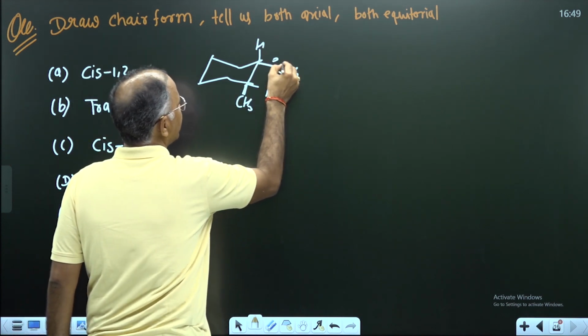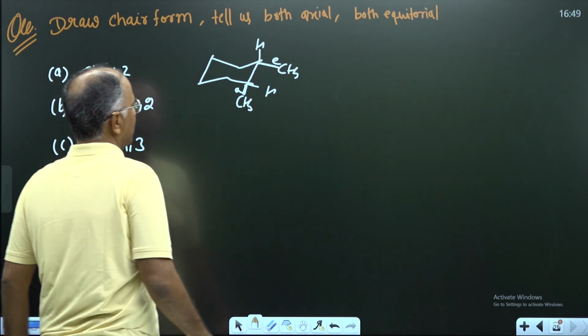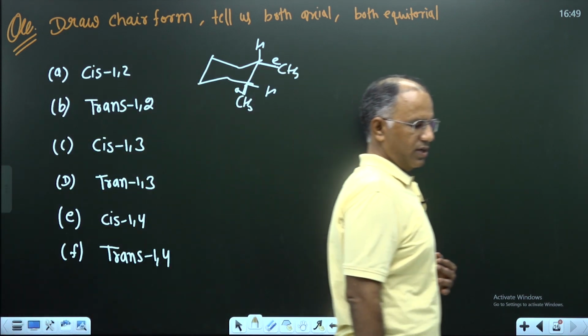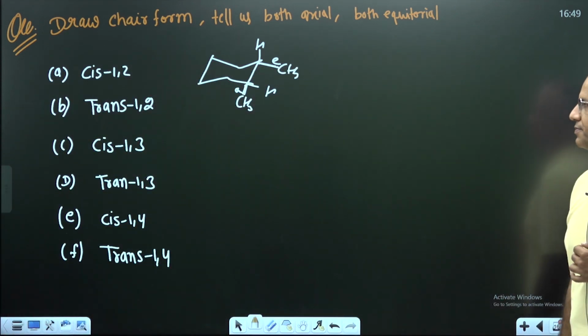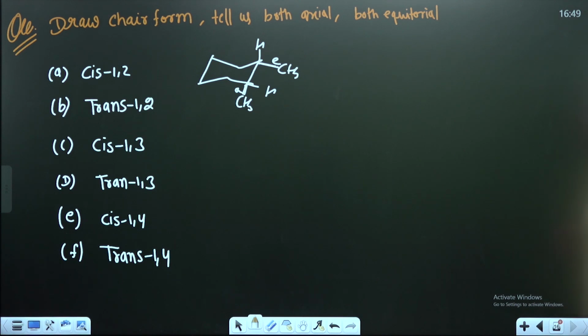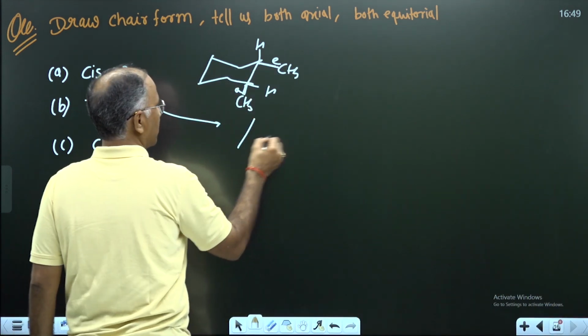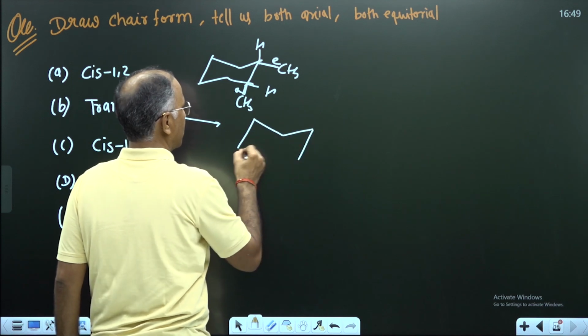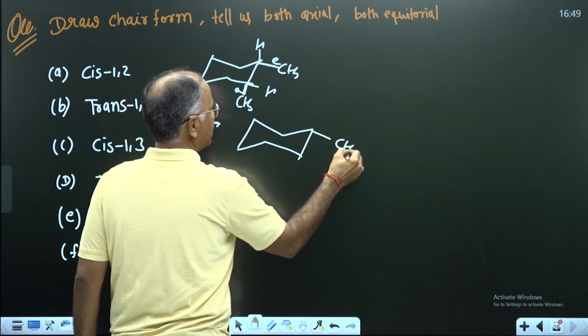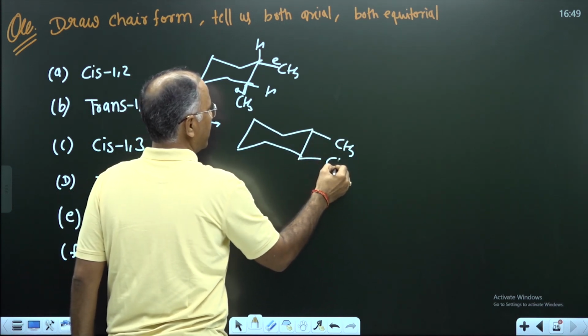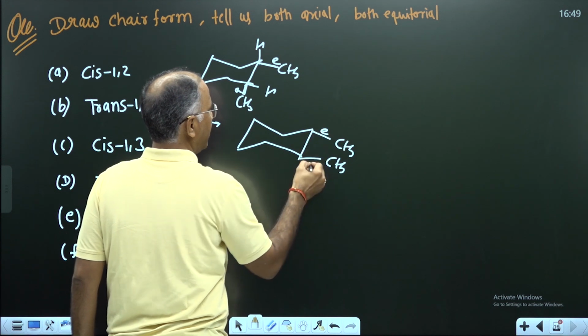So this means it must be E and A. Now similarly, you have to try for other examples. And what about trans-1,2? For trans, it is down and it is up, means E, E.